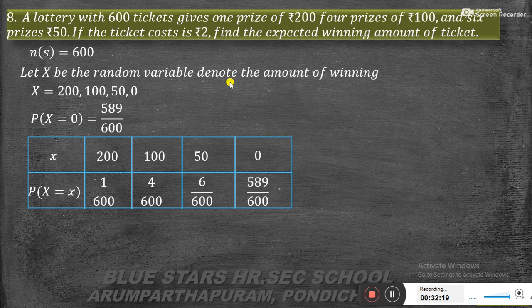Let x be the random variable denoting the amount of winning. Here x equals 200, 100, 50. Probability of x equal to 200 means 1 prize, so 1 by 600. 100 means 4 prizes, so 4 by 600. 50 means 6 prizes, so 6 by 600.